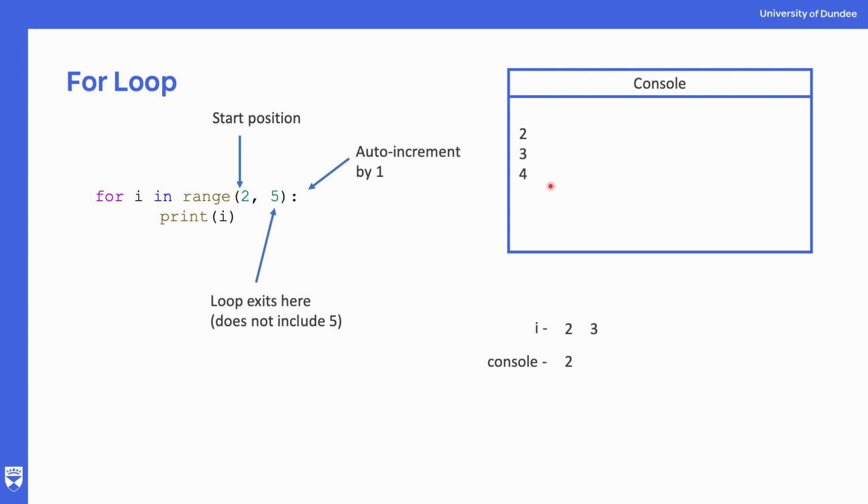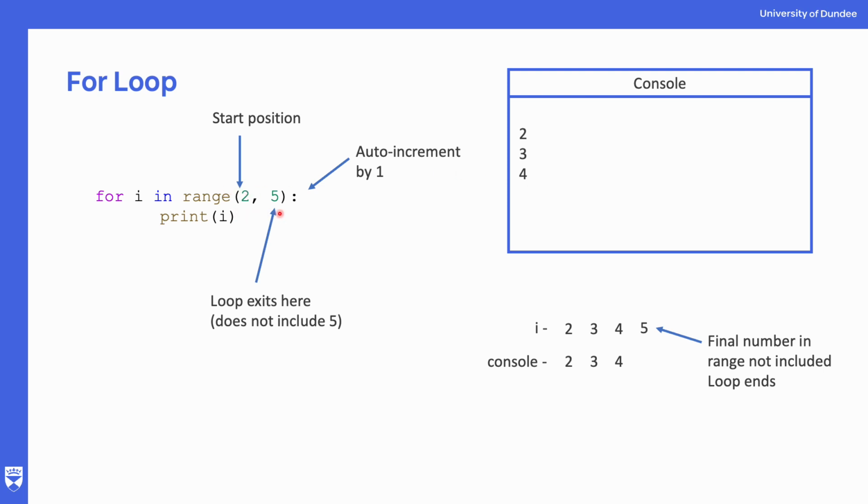I increment by 1 automatically. 3, that's still within my range of 2 to 5, so I print it. I increment, I go to 4, still within my range of 2 to 5, I print it. I go to 5, that's my exit point, so I don't print. It's my final number, so the loop ends, and I move on to the next section of code.